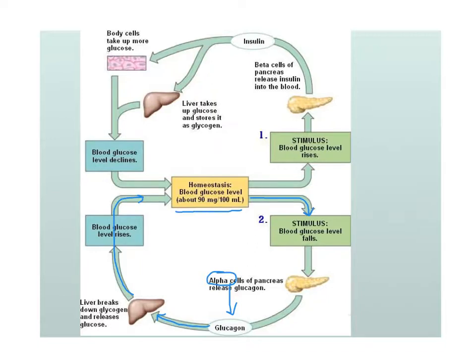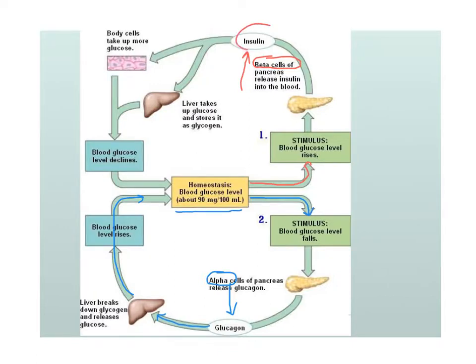Now the opposite of that is if blood glucose levels start to get too high. That is where the beta cells will notice that, and they'll secrete insulin. Remember, B comes after A alphabetically, and I comes after G alphabetically.